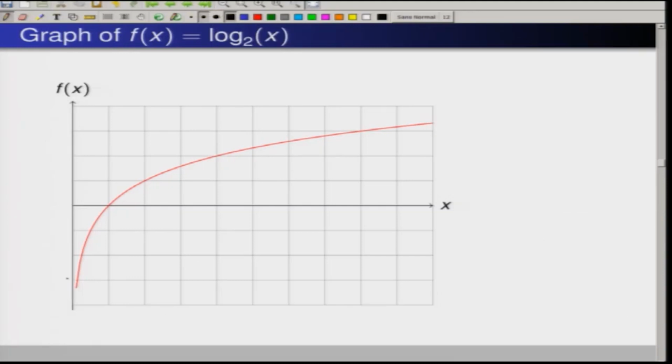This is the graph: this is 0, then this is 1, log 1 is 0. So, this is how your logarithm graph is going to look.